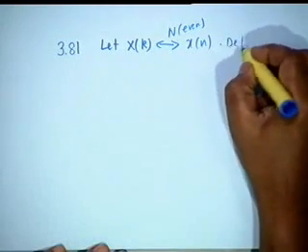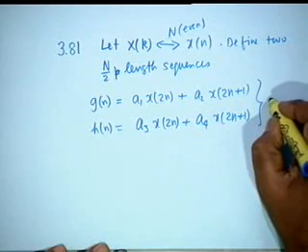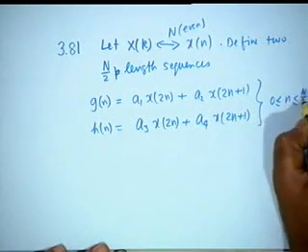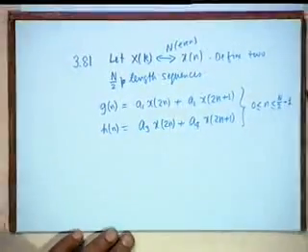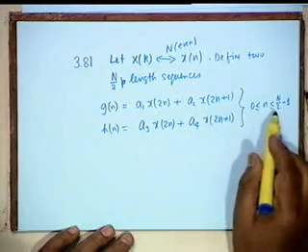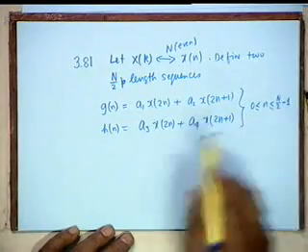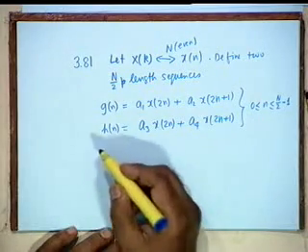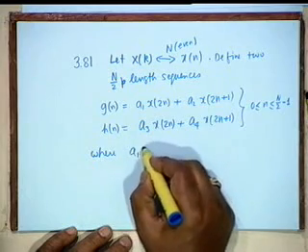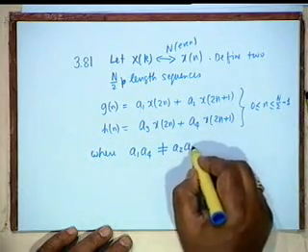Then it says define g of n and h of n. Obviously n lies between 0 and N by 2 minus 1, because there are 2n here, you can't exceed. The samples do not exist beyond these limits. Where it is given that A1, A4 is not equal to A2, A3.